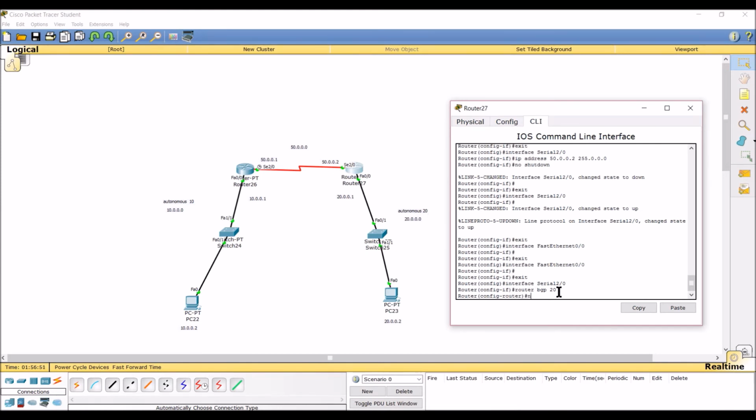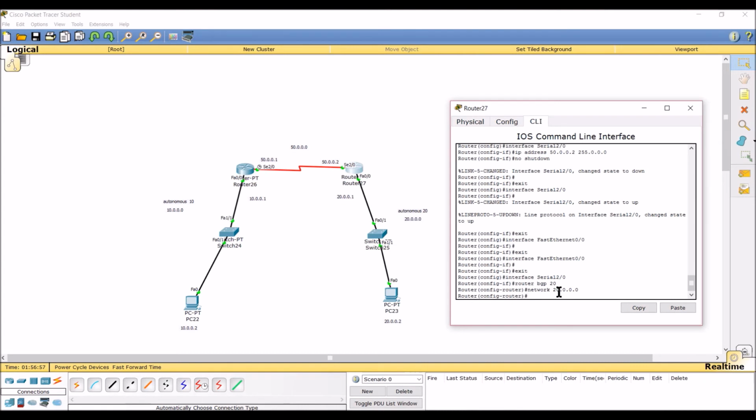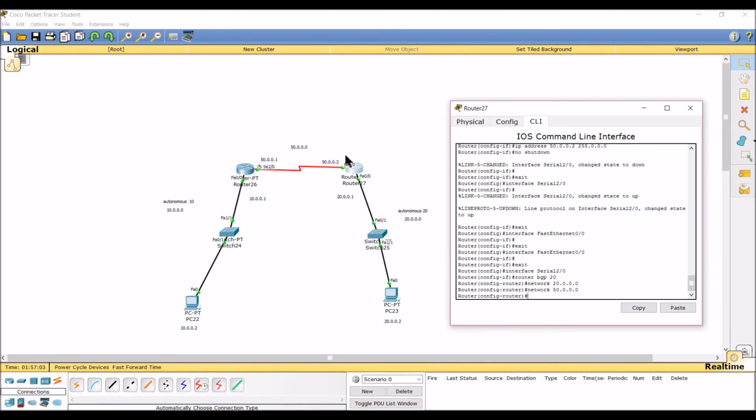Now network: this router is in the networks 20.0.0.0 and 50.0.0.0, so 20 and 50. Okay, now we have to use the BGP command, that is neighbor 50.0.0.1 remote-as 10.